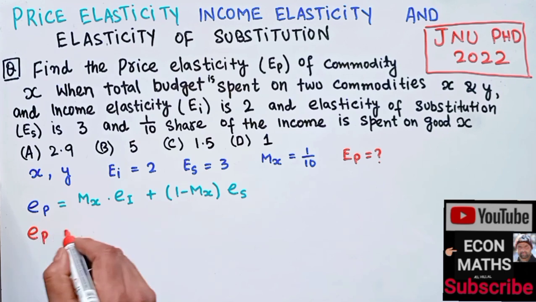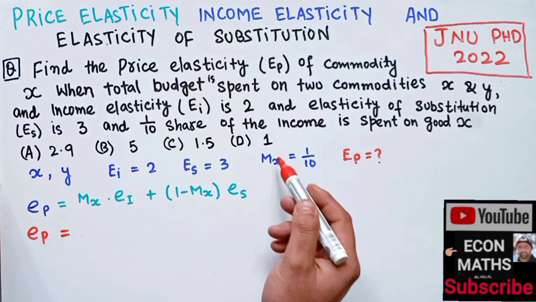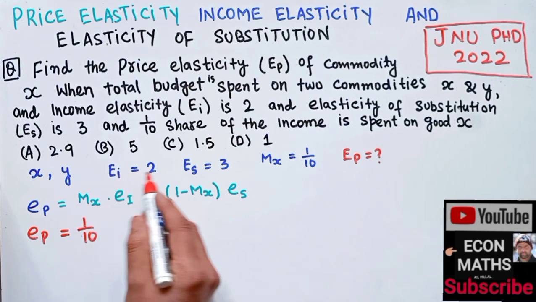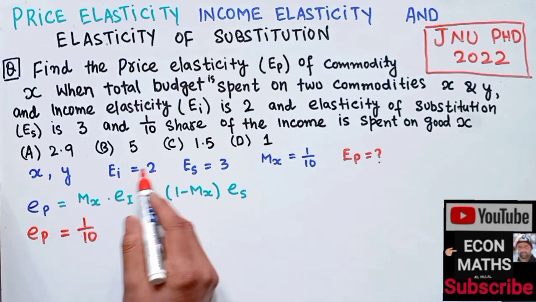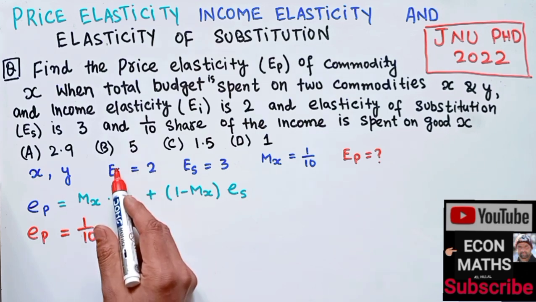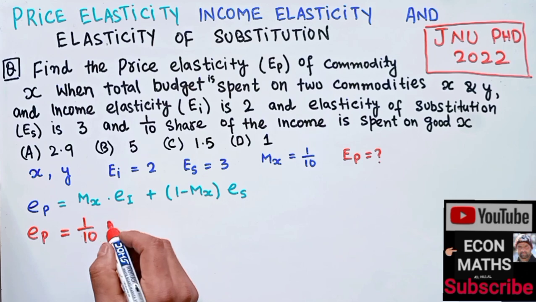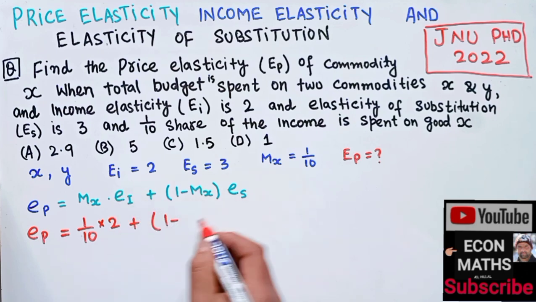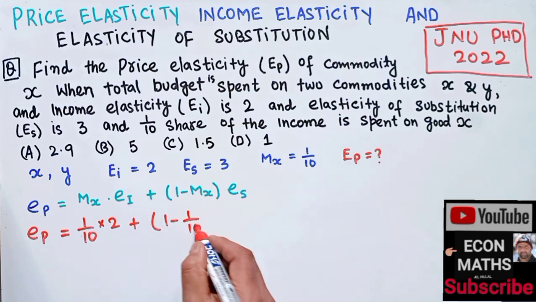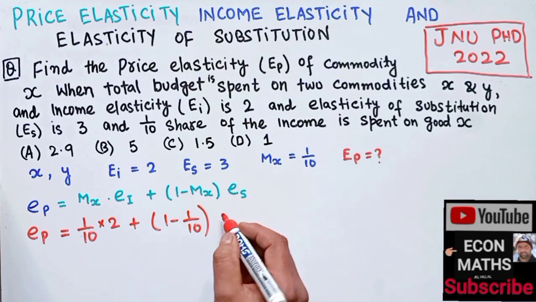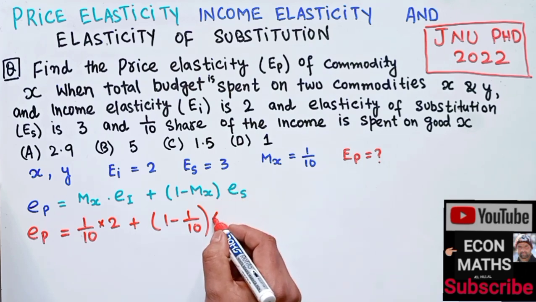So price elasticity will be equal to, now share of income spent on good X is 1/10. Let me write it here, 1/10. Income elasticity is given as 2. I have written it in small letters here, capital, my mistake. So here we have 2 plus 1 minus share of income spent on good X, 1/10, times the elasticity of substitution, which is given as 3.